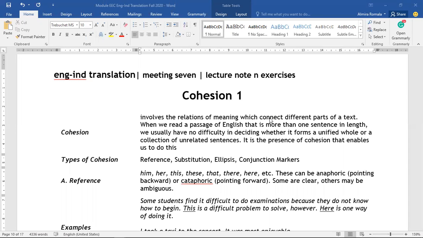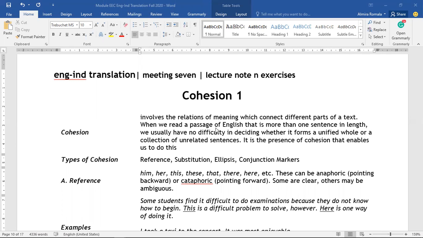For example, when we have a text, usually the text has more than one sentence, right? And those sentences must have cohesion in order to build a good and understandable message. So guys, when we read a passage of English that is more than one sentence in length, we usually have no difficulty in deciding whether it forms a unified whole or a collection of unrelated sentences.